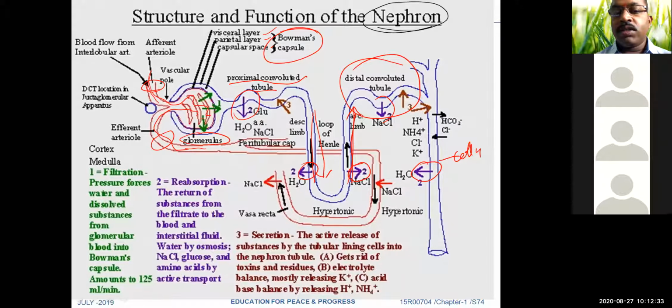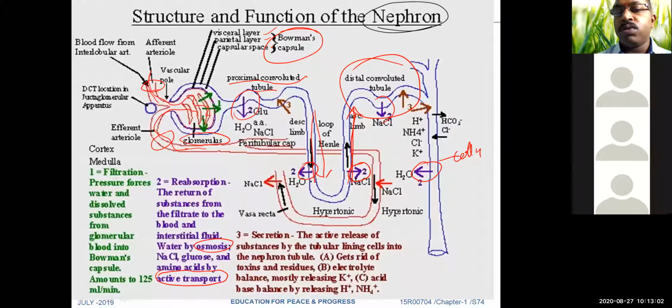So water is absorbed by osmosis, and some of the important electrolytes, sodium chloride, and also glucose and some amino acids are absorbed back into the body by active transport. So by osmosis water, and by active transport the remaining things are absorbed.